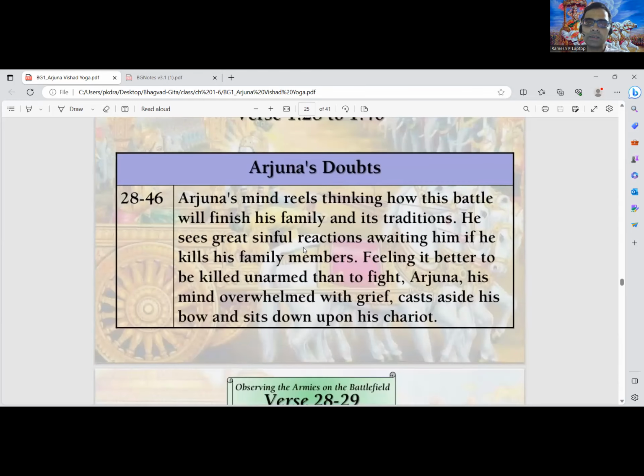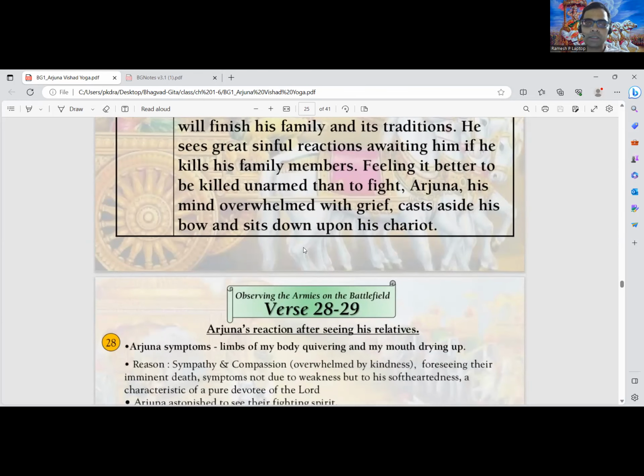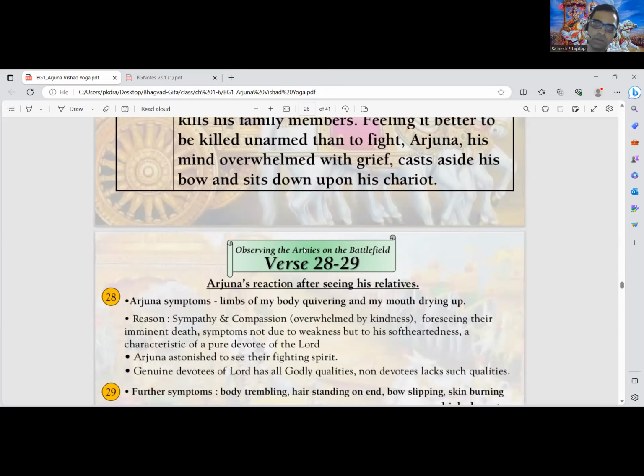Looking at the army on the other side, the limbs of his body start quivering and his mouth gets dried up. The reason is sympathy and compassion. He was thinking materially: all these are my relatives.